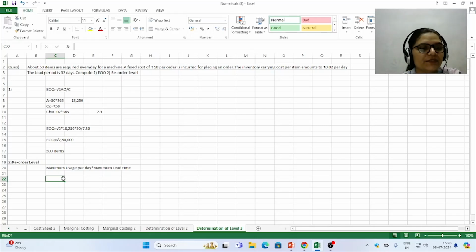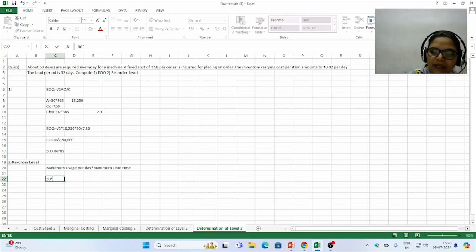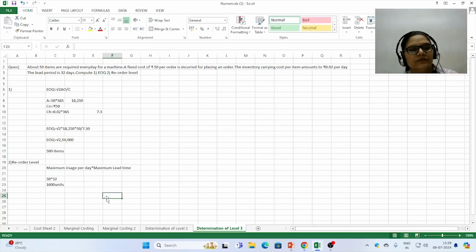So you can take this figure as the maximum usage, that is 50, and maximum lead time, which is given in the question, is 32 days. So it will be multiplied by 32. So reorder level is 50 into 32, it will be 1600 units.